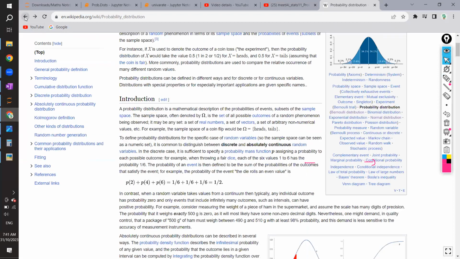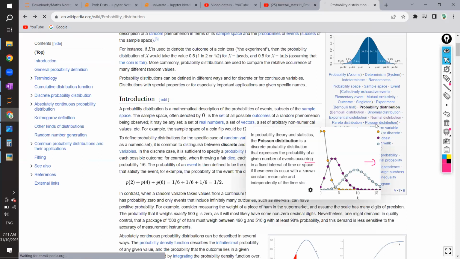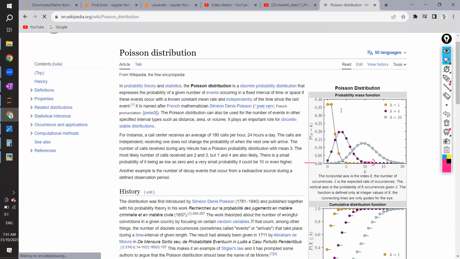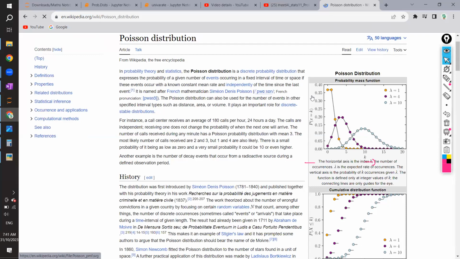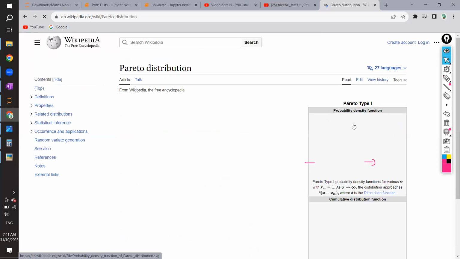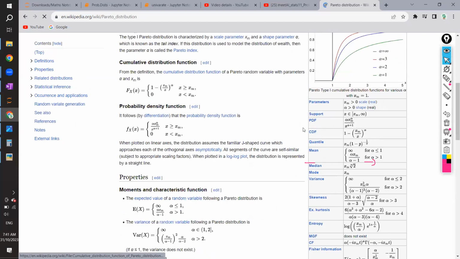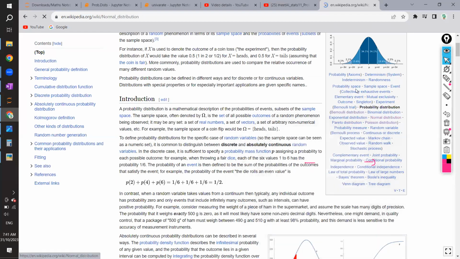If you see some other distribution, like the Poisson distribution, Poisson could also be a probability mass function. Pareto is a probability density function. For these, the function will be different. Just try to catch the difference. A probability density function is just a function for that particular type of distribution.